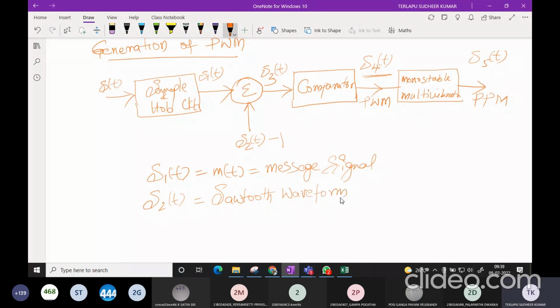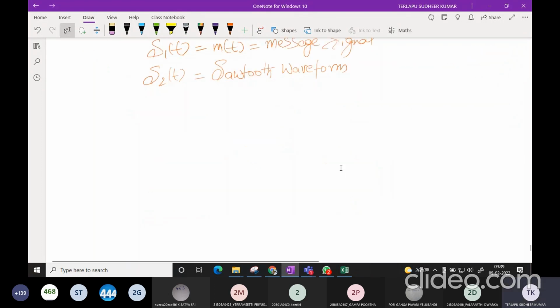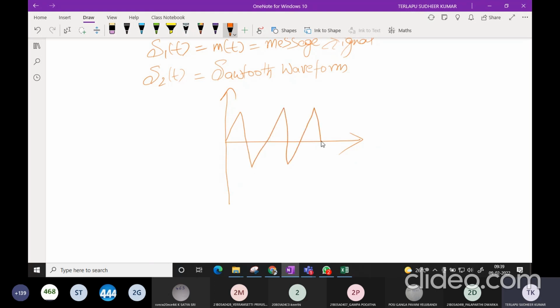I don't know whether you know how a sawtooth waveform looks like. Let me draw the sawtooth waveform. And have the sawtooth waveform something like this.